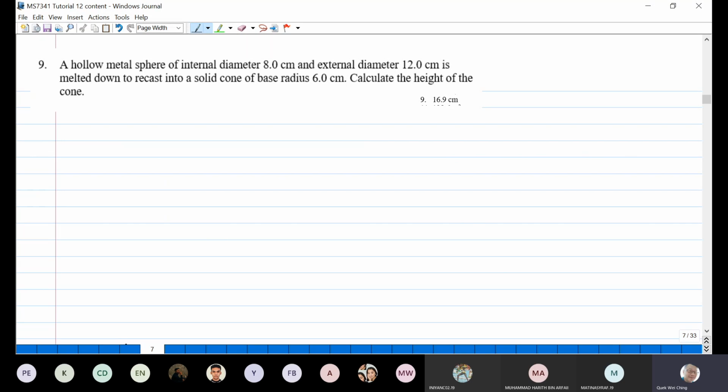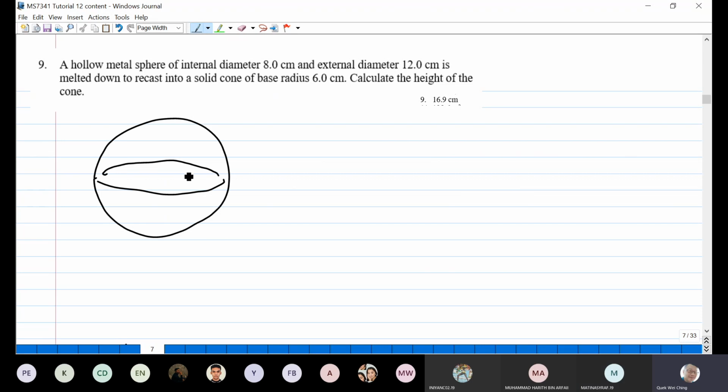So you start with a metal sphere first. Internal diameter 8 cm. So we have a sphere first. There are two spheres actually, one inside, one smaller, one bigger. So I can put two spheres there.